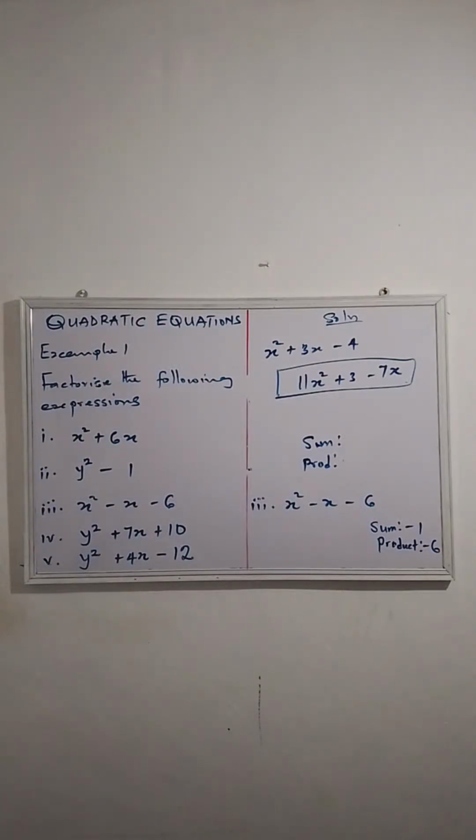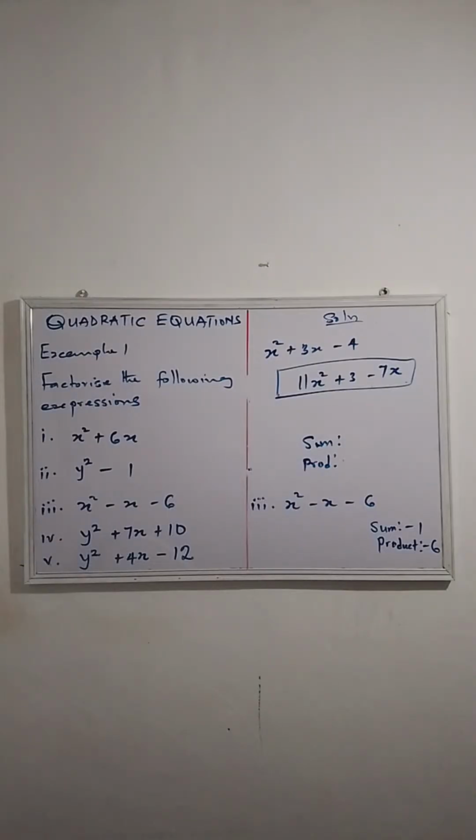I'm waiting for others. Sum is minus 77. For Lashade, I can see your answer. What is your product? Okay, your product is 3. Any other person with something different?